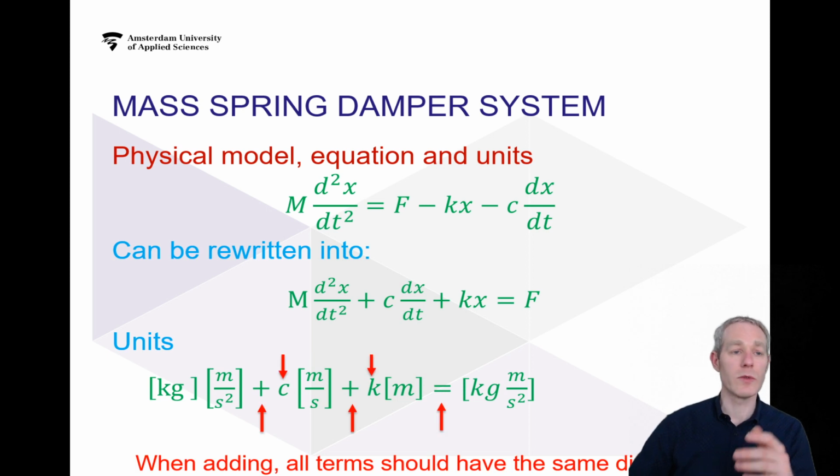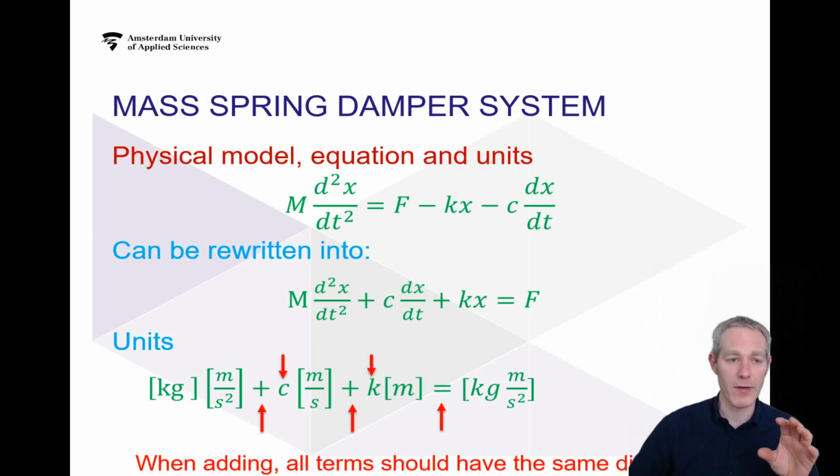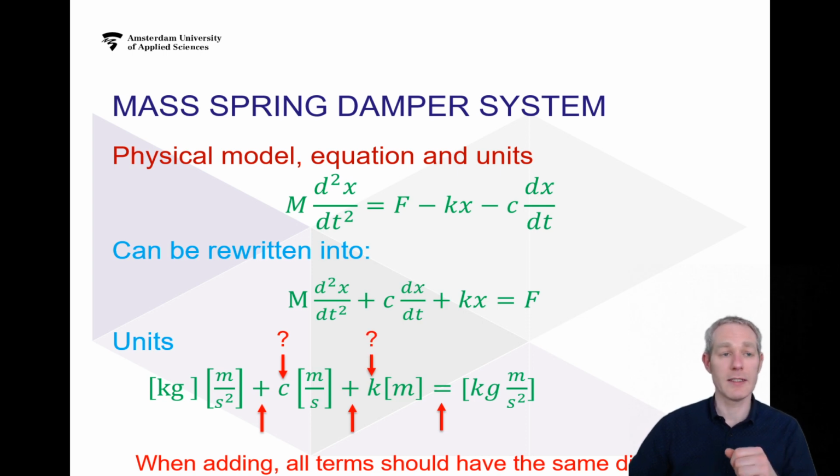So what we need to do is figure out what the units are of these different constants, because every term in this equation must have the same dimension. So we must end up at the end at kilogram meters per second squared. All right, so we look at K and C separately.